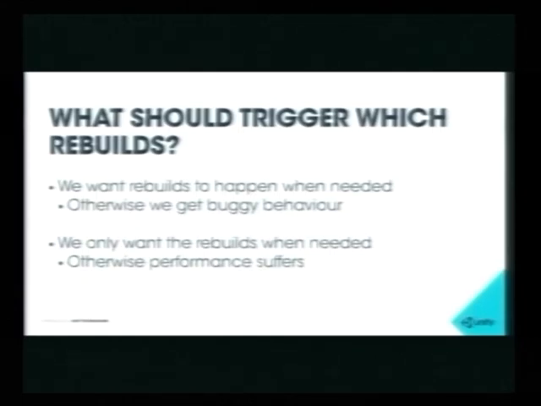So what kind of things should trigger which type of rebuilds? What we want is to only have rebuilds happen when they're needed. This is because if we do it too much, we waste calculations on the CPU, whereas if we do it too little, we'll have buggy or undesired behavior.